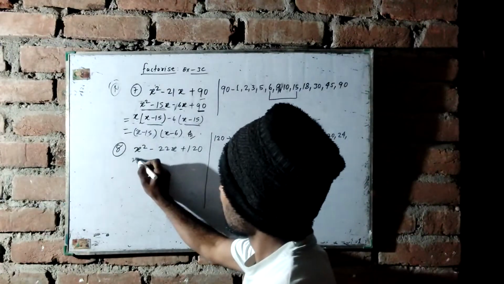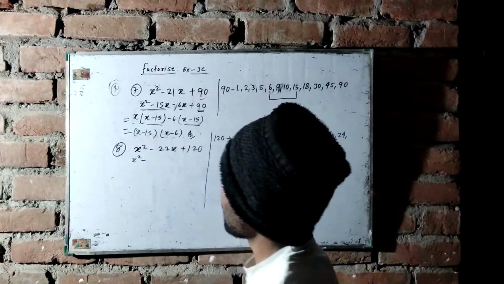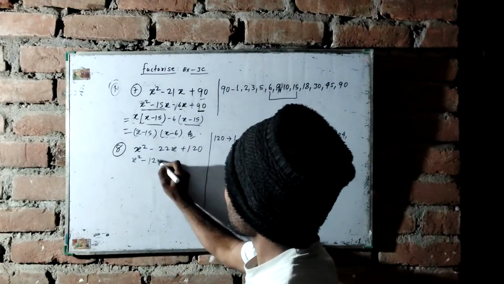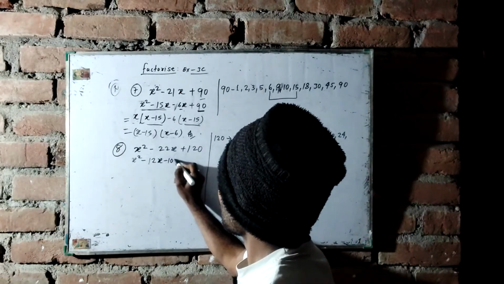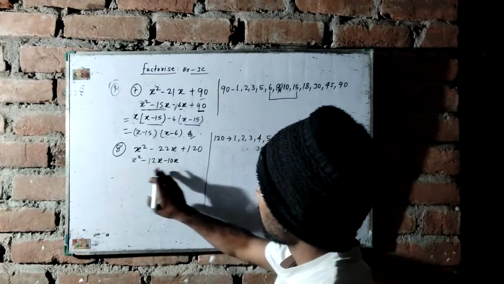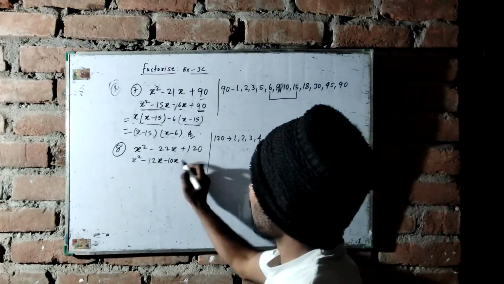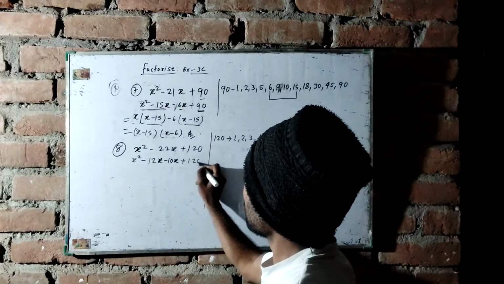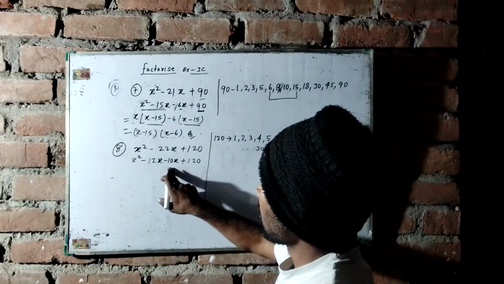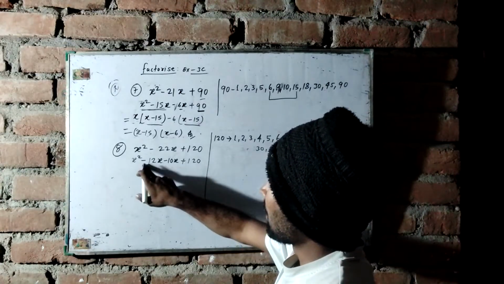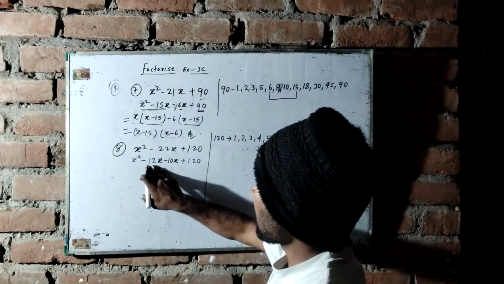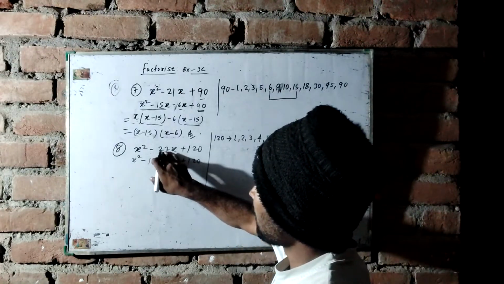So we can write x squared minus 22x as x squared minus 12x minus 10x plus 120, because their sum will be minus 22x and their product will be plus 120, since minus times minus is plus, and the sum of minus 12x and minus 10x will be minus 22x.